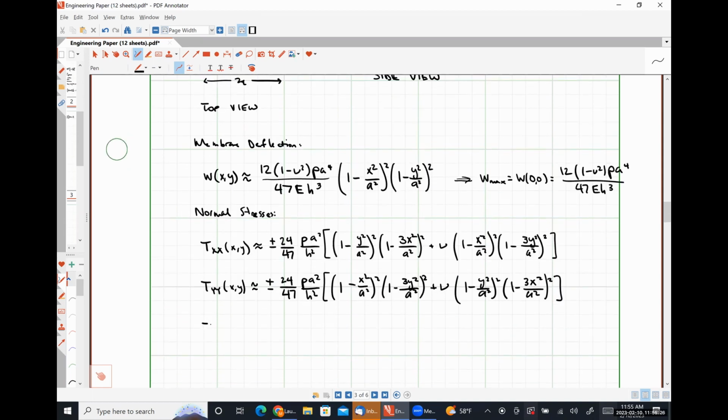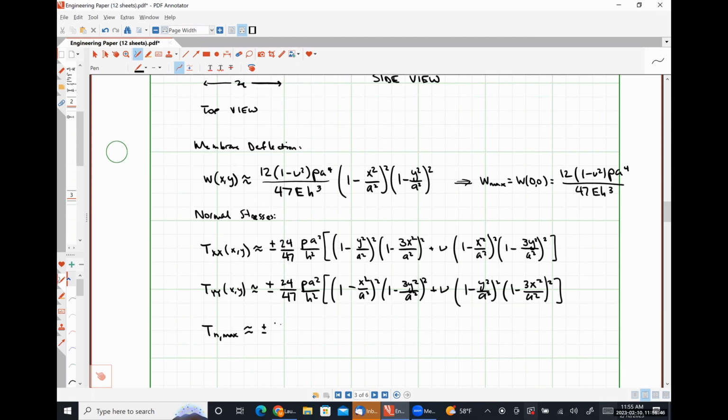So the maximum normal stress, sigma n max, and I'm not going to give you the specific coordinates because there are 4 of them and they're equal, and we've identified them on the figure, but it's (0, a), (0, negative a), (a, 0), and (negative a, 0), will be approximately plus or minus 48 over 47 times P a squared over h squared, and the maximum transverse stress is literally just Poisson's ratio times our maximum normal stress.